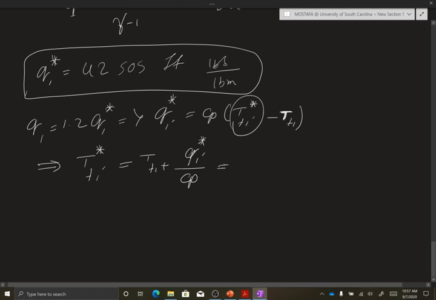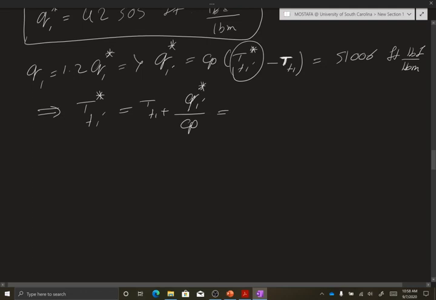That's essentially just 1.2 multiplied by whatever you have, which should be equal to 51,006 feet pound force over pound mass. You plug in the values, 510 Rankine, 51,006 over 186.69, which will give you roughly the value of TT1 prime star to be 783 degrees Rankine.